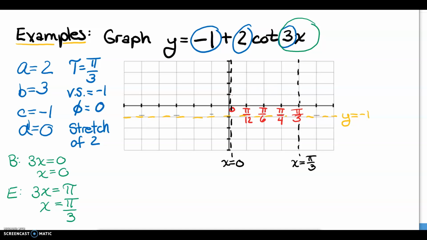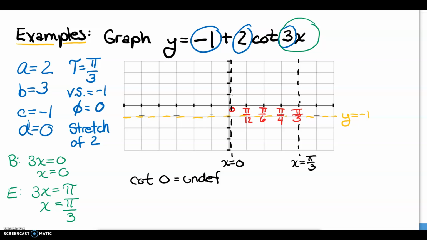All right, so now let's go ahead and calculate some of the values of cotangent. The cotangent of 0, we already said that's going to be undefined, and we have our nice little asymptote.